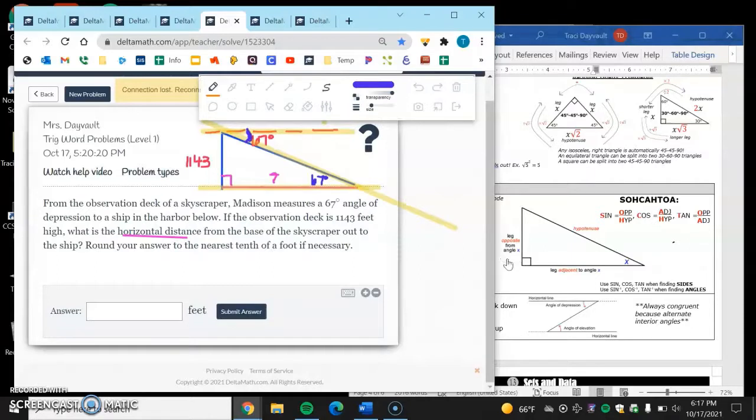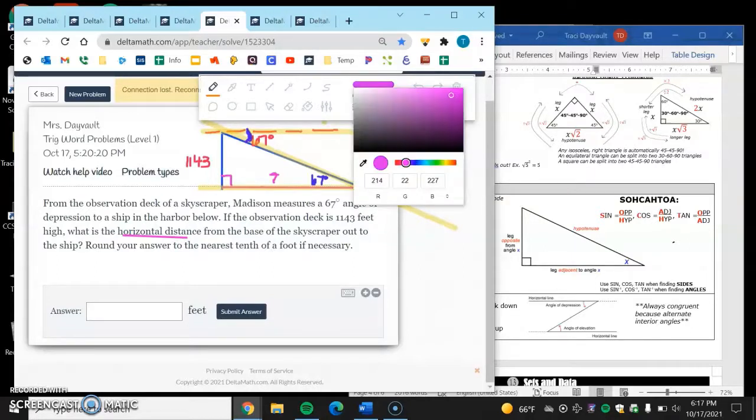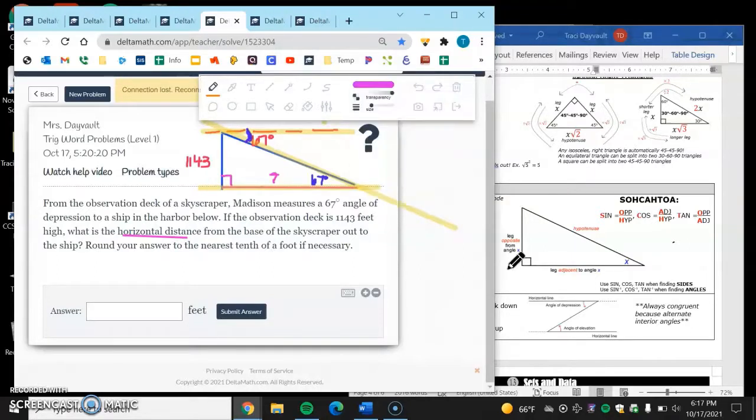All right, let's take a look at which ratio we want to use here. This 67 degrees, if we look within this triangle, then what we're trying to find is this leg right here, which would be an adjacent leg, and 1143, which is opposite. So what formula could you set up to solve for the base of this triangle?